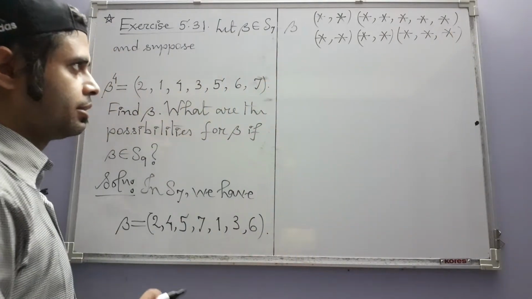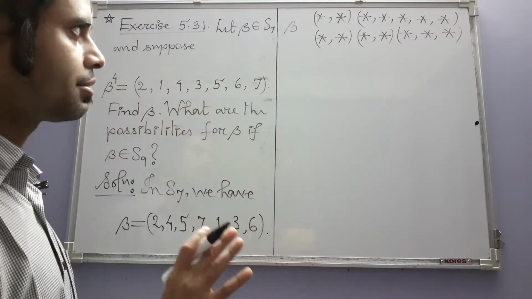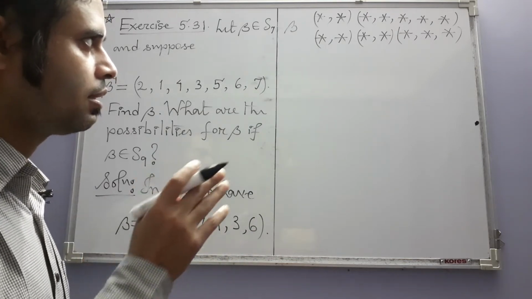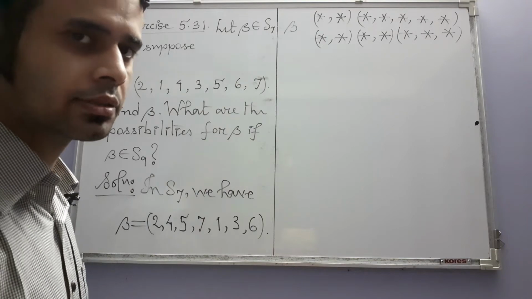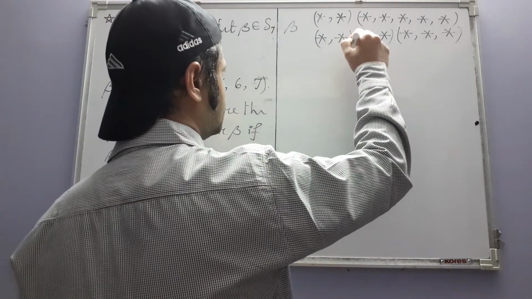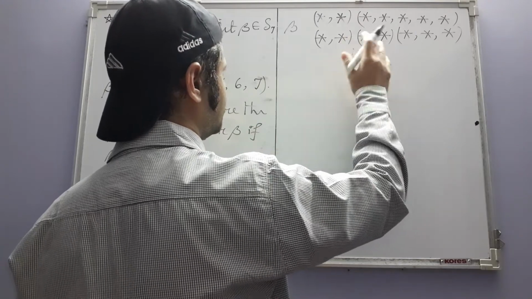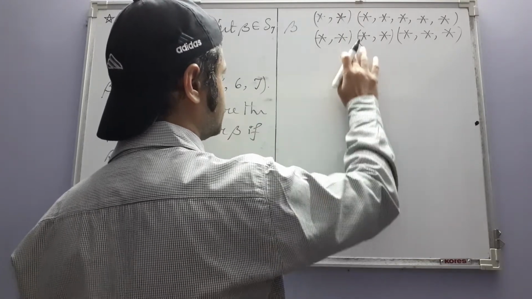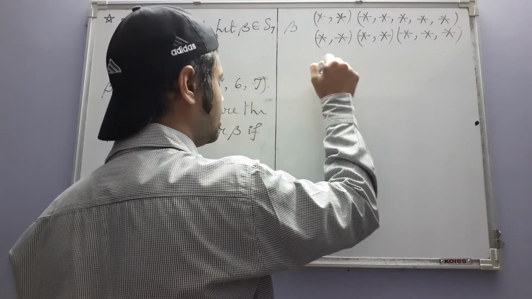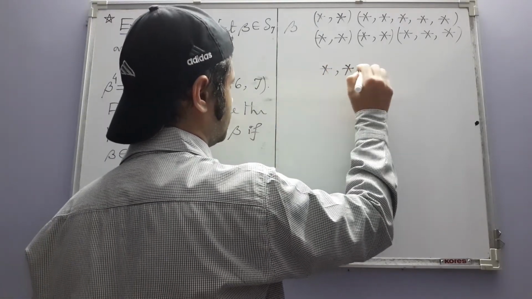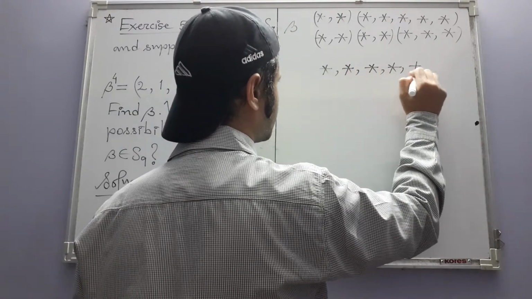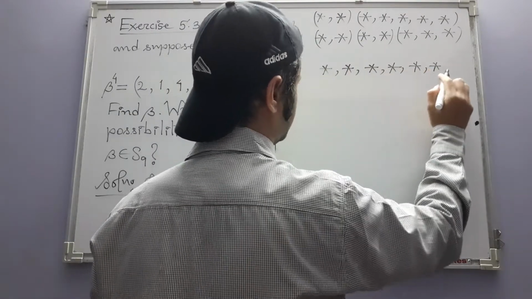And keep in mind that these cycles are all disjoint. Symbols appearing in one cycle do not appear in the other cycles. That's what disjointness means. And I'm not sure if these are the only possibilities, except of course there is another one where beta is a 7 cycle, where in that single cycle all the symbols appear.